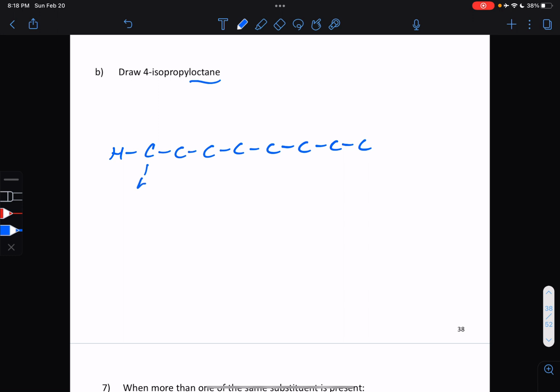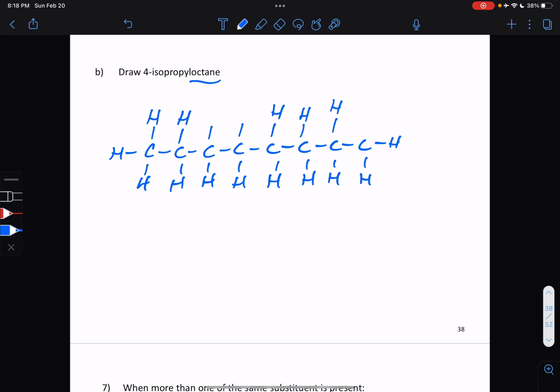So if we were to draw all of the bonds, so all of our carbons have 4 single bonds, so they all have their octets, and all of our hydrogens have their duets, what we would have is this.